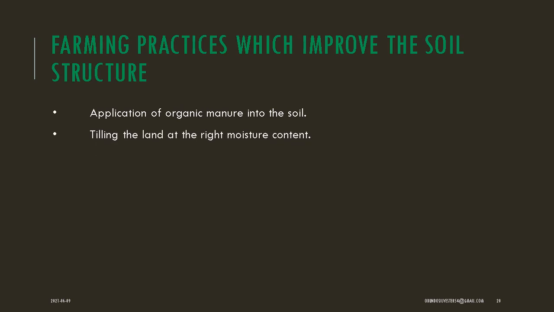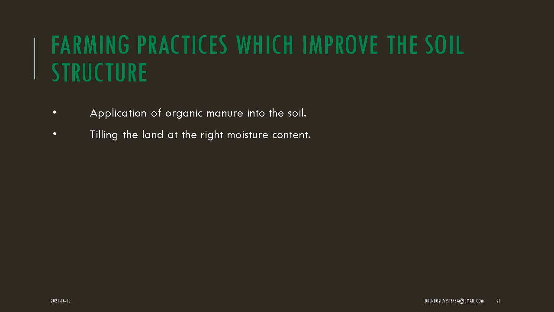If a soil is tilled when it has a lot of water, then after the water evaporates, that soil becomes so solid, and you cannot till it, and it may also create a hard pan, and therefore the structure may be poor.